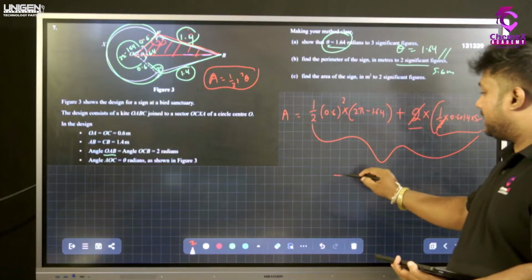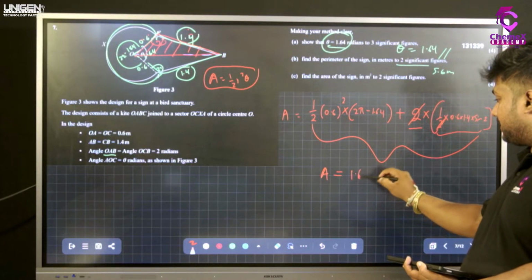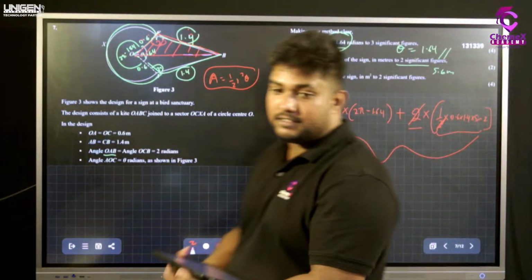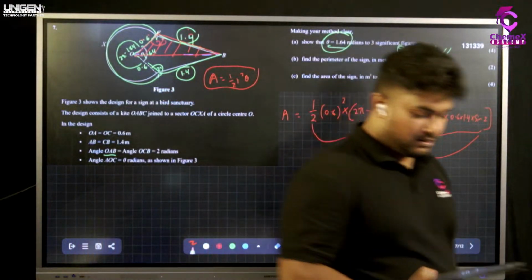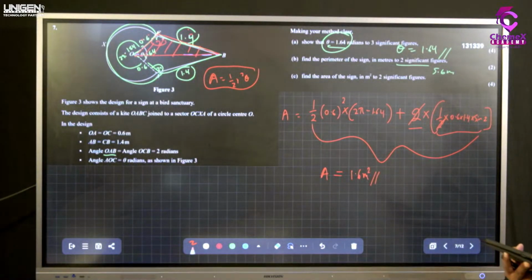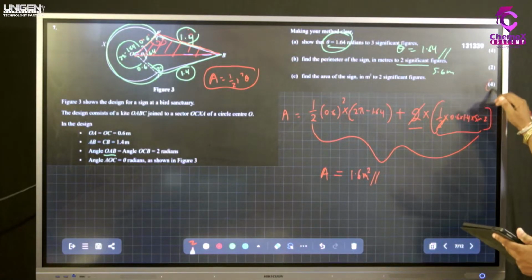So the final answer is what for area? It's 1.6 meters squared. Nilen, Ramika and Adit, do you have any doubts? No, sir. All clear.